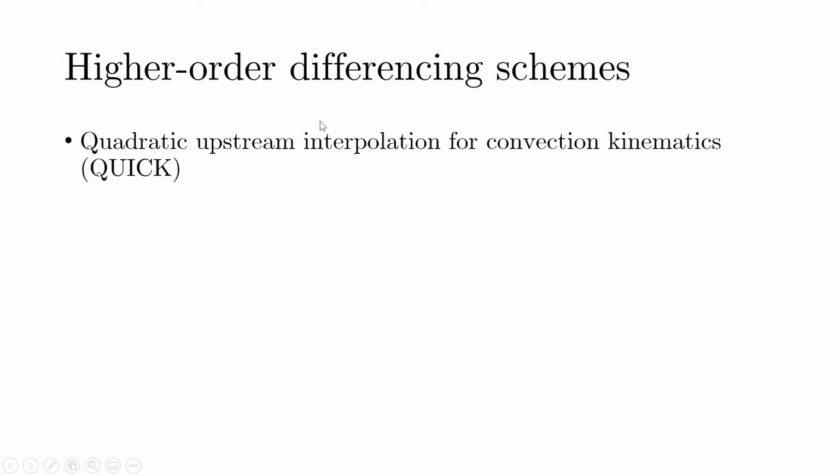Then the second term is upstream interpolation. So again you can observe that it has some similarities in the name with the upwind scheme, and you would see why this upstream interpolation would be useful in order to understand how the QUICK scheme works. And the last bit is the convective kinematics.